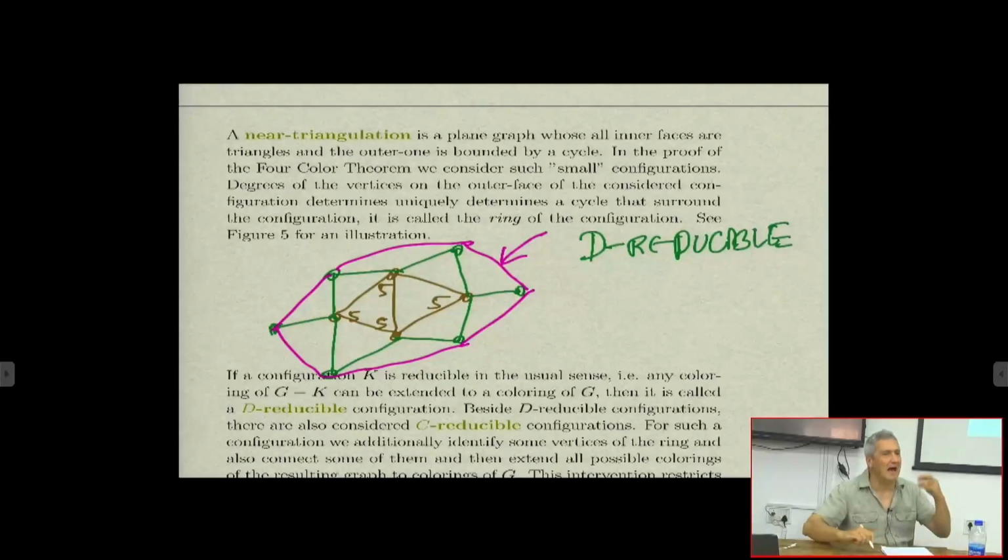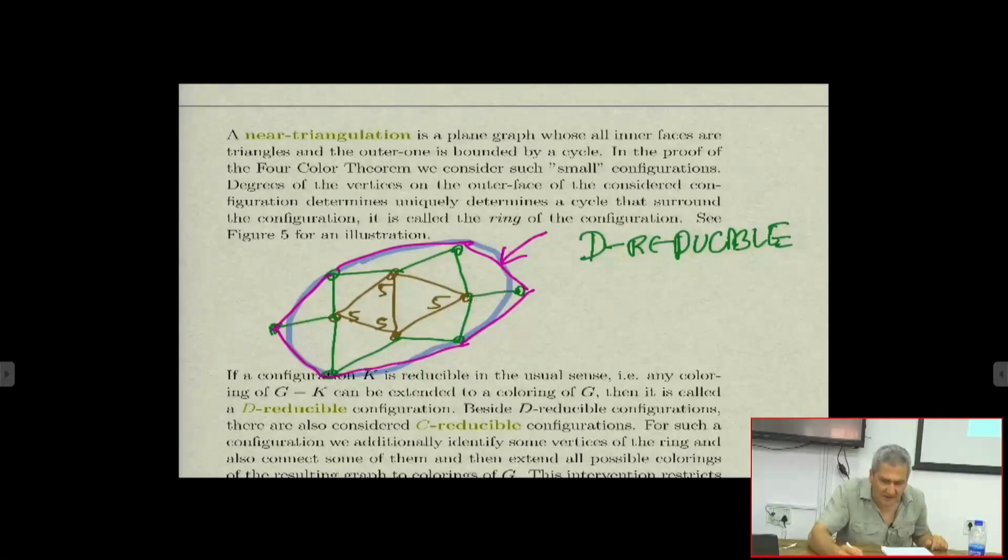And sometimes it is not D-reducible. Birkhoff is like that. Maybe in the exercise part we could do it. It is not D-reducible. So what do you have to do in that case? In order to decrease the space of all possible colorings that appear around the ring, you will, as we did before, identify some vertices.